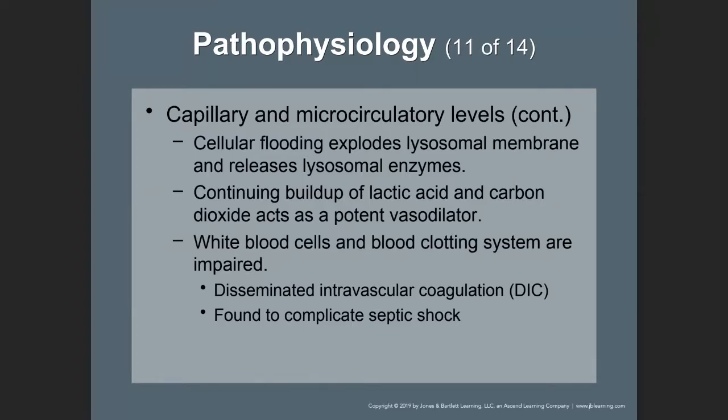White blood cells and blood clotting systems are impaired, and this leads to disseminated intravascular coagulation. So clotting factors start to get used up and the blood is unable to clot. This is found to complicate septic shock, and it is an issue that can cause serious problems for a patient in septic shock.